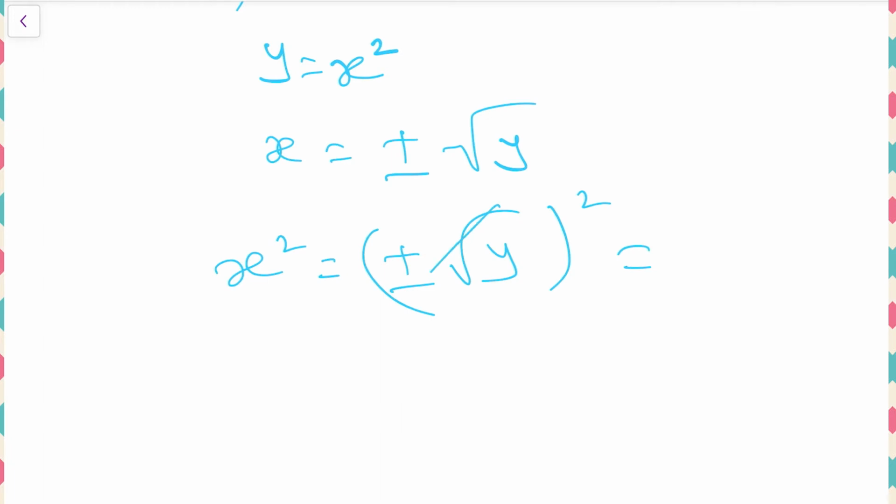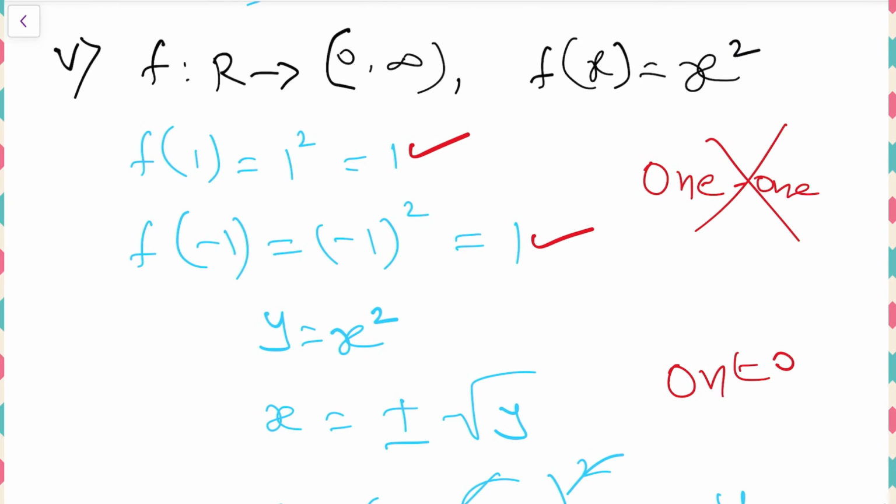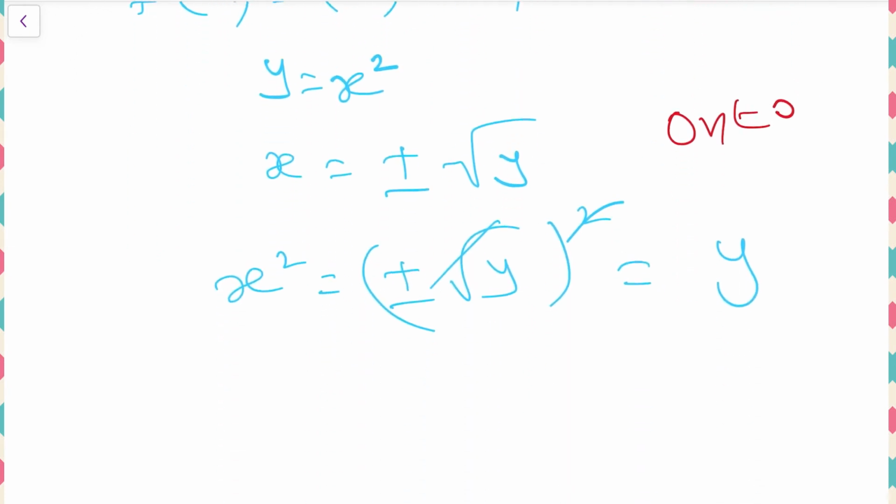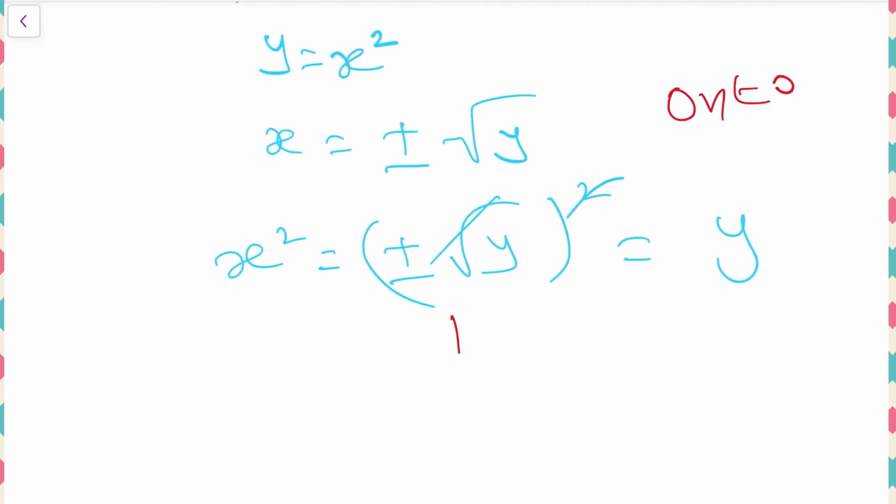So square root and square will get cancelled, then final will be y. We got the answer y, then it is onto. It is only onto, because in the previous step we got to know that it is not one-one. If it is only onto, then it is not a bijection. It is not a bijection.